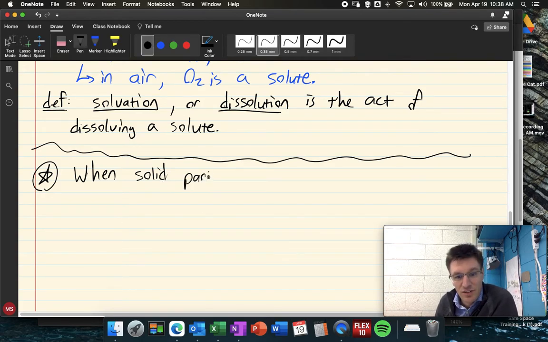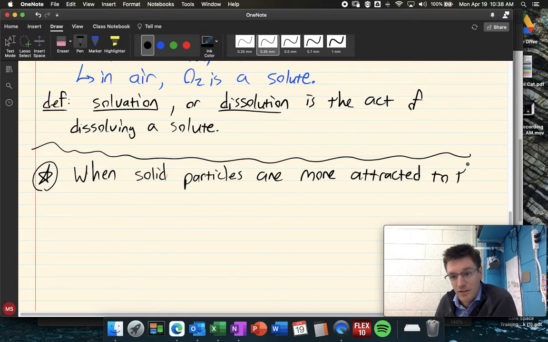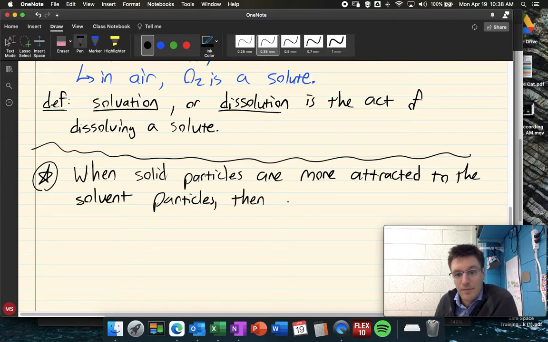So when solid particles are more attracted to the solvent particles, then the solid will be dissolved.